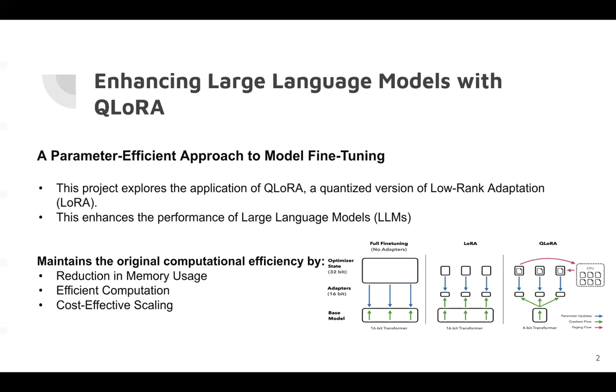In this project, we'll delve deeper into the applications of QLoRA, which is a quantized version of low-rank adaptation, which is LoRA. This enhances the performance of large language models. And here also we can see from the diagram that it maintains the original computational efficiency by reducing the memory usage by efficient computation and also cost-effective scaling.